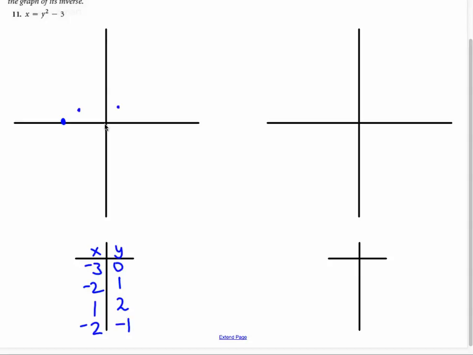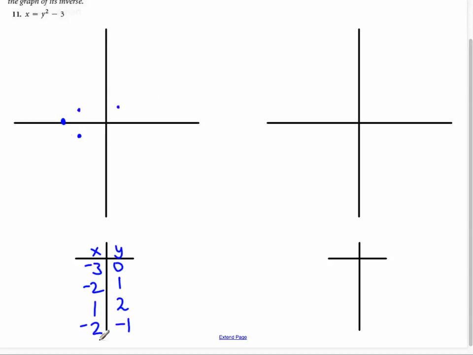Negative 2, hold it, that was that negative 2? Oh yeah, that's right. Negative 2 and negative 1. Okay. Now, I'm not sure what kind of graph that looks like.